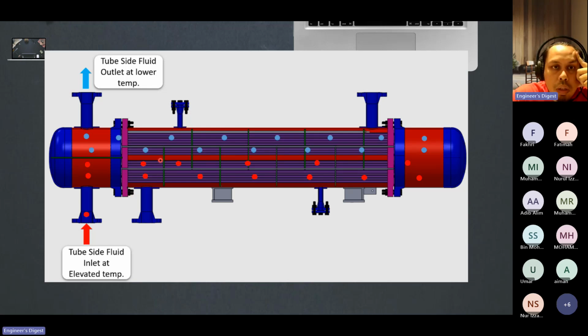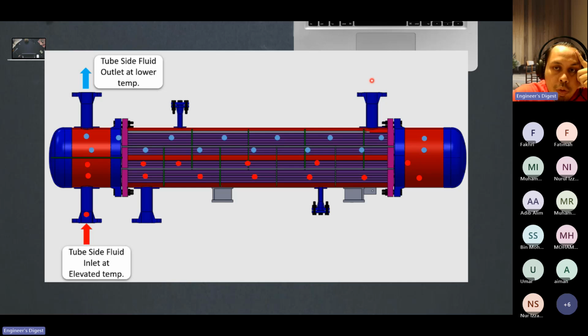How does it get cooled? It gets cooled by the fluid that comes from the shell side. This is a baffle. We'll go into detail on this. Why do we have a baffle? Because we want to redirect the flow coming in from the shell side.